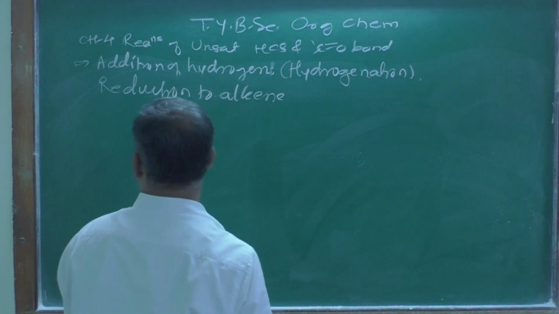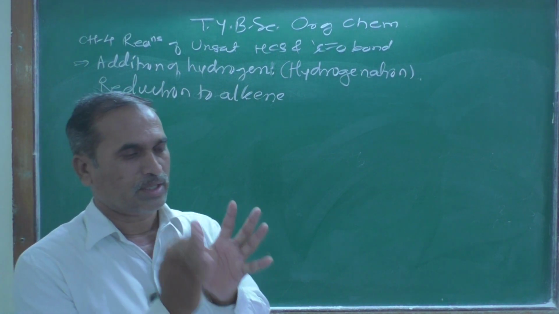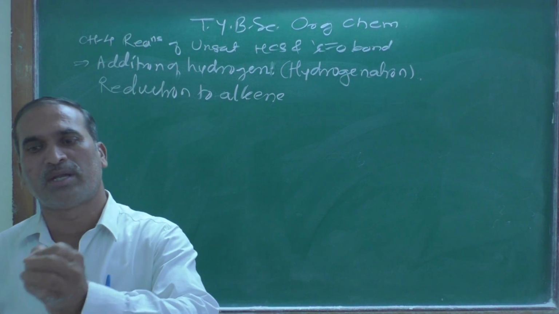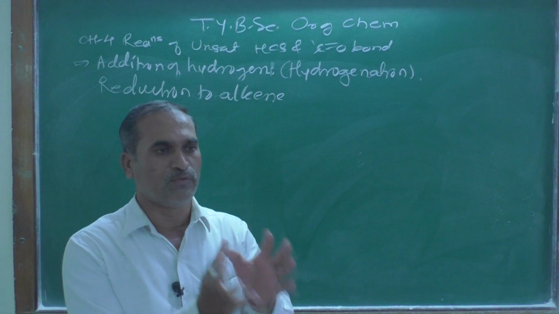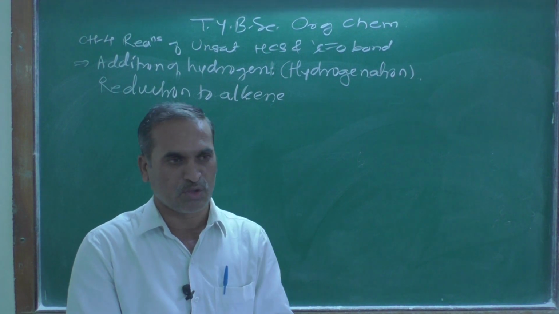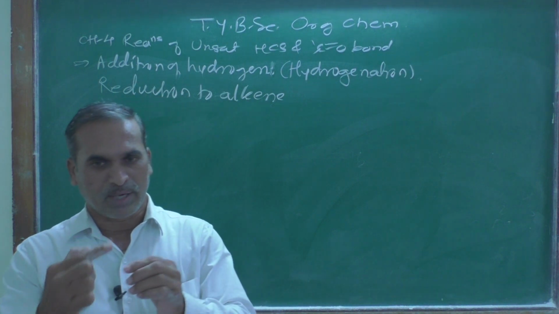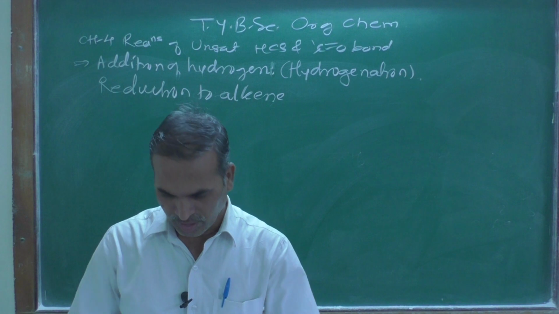In the reduction to alkene, if your starting compound is a non-terminal alkyne, then you will get the cis isomer as well as the trans isomer by using the suitable reagent.